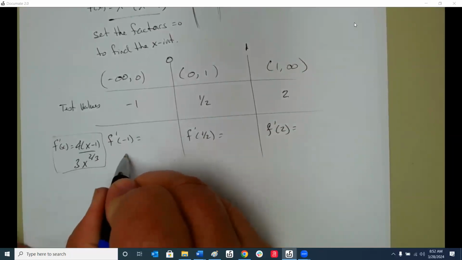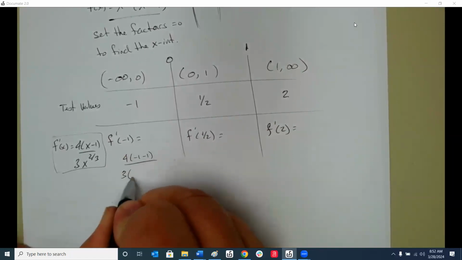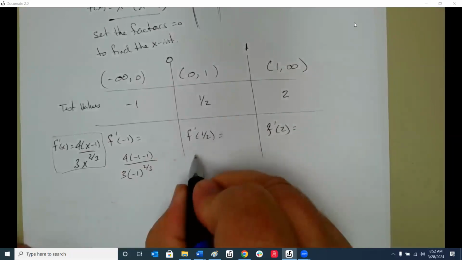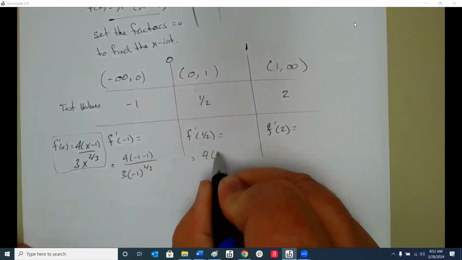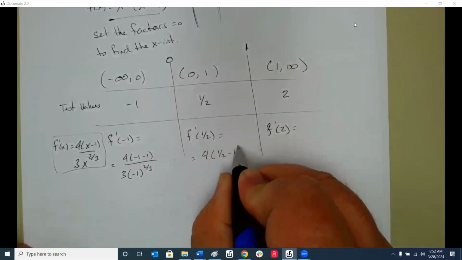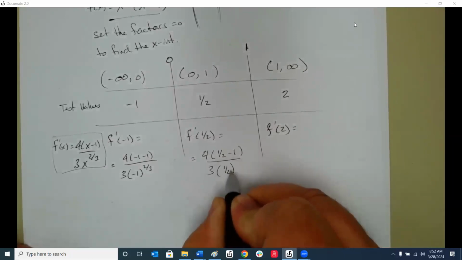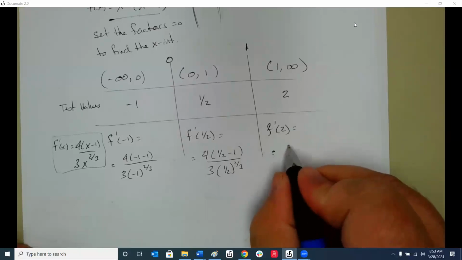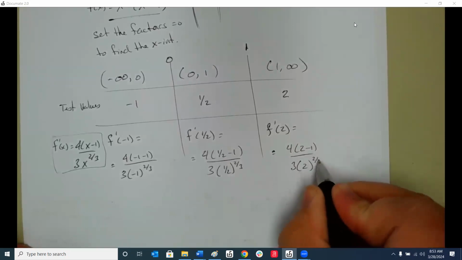So we have 4 times (-1 minus 1) over 3 times (-1) to the 2/3; 4 times (1/2 minus 1) over 3 times (1/2) to the 2/3; 4 times (2 minus 1) over 3 times 2 to the 2/3.